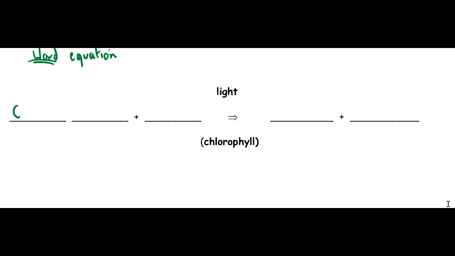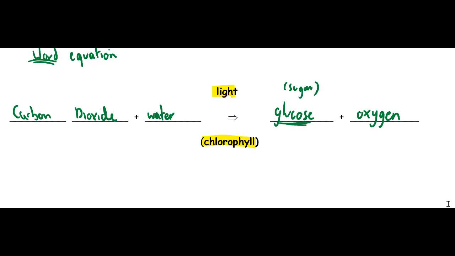So the word equation is when the plant takes carbon dioxide, combines it with water, and then it uses light energy and chlorophyll to produce glucose and oxygen. Now, sometimes this glucose will just be described as sugar, but it's more correct to say glucose.